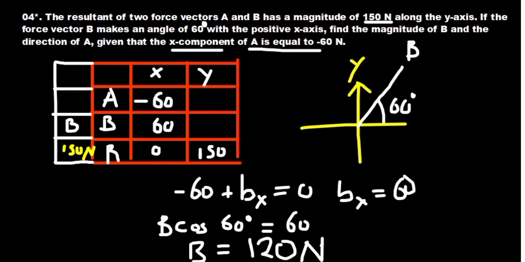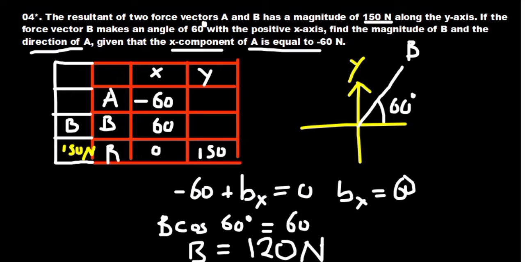We equated the two and found 120 newtons as the magnitude of B. Then the other question asks us to find the direction of A. It's very important that before you find the direction, you find the components.